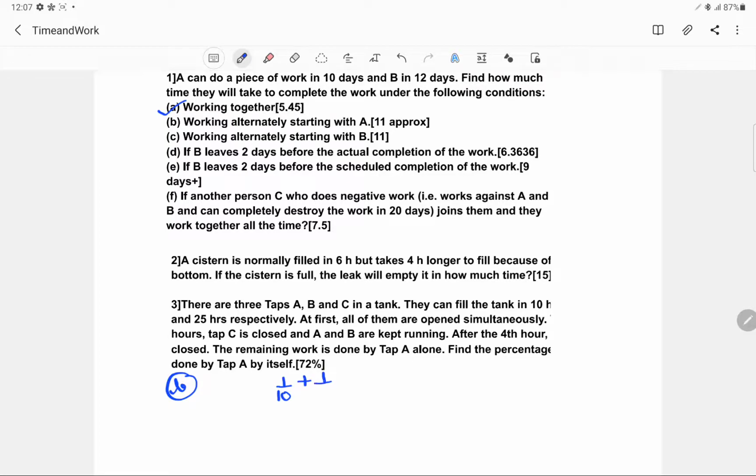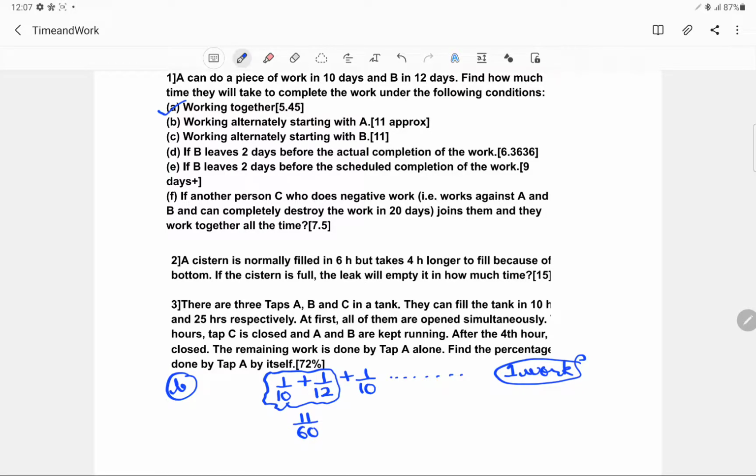On the second day, 1 by 12 amount of work was completed. On the third day, another 1 by 10 amount of work was completed, and in this similar manner we have to complete one work. So just try and see this. We are aware that 1 by 10 plus 1 by 12 would be nothing but 11 by 60.